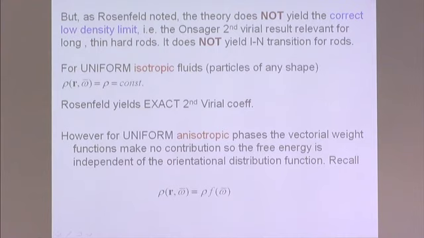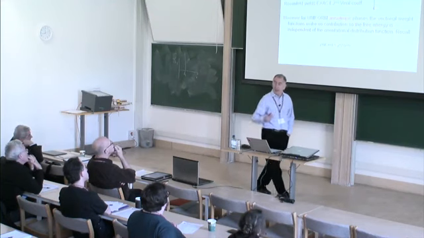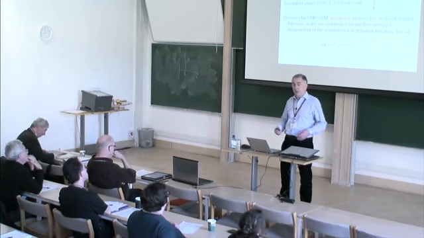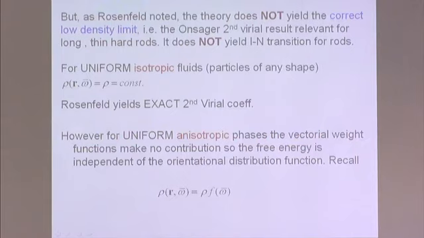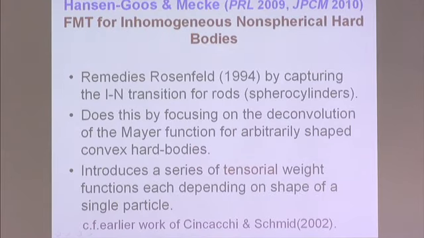So you haven't got that right. So it's not surprising that it doesn't yield an isotropic-nematic transition. It looks elegant, but doesn't give the transition, so it's really a non-starter for doing phase transition problems. I'll explain in more detail why it goes wrong when we come on to the more recent work.